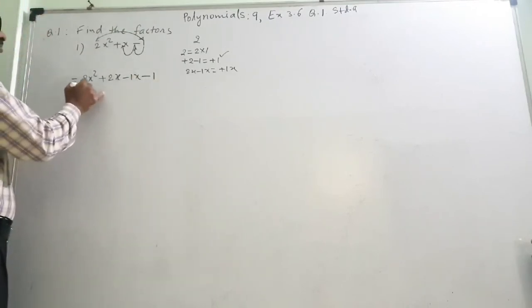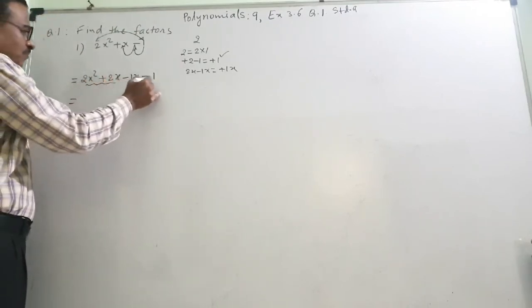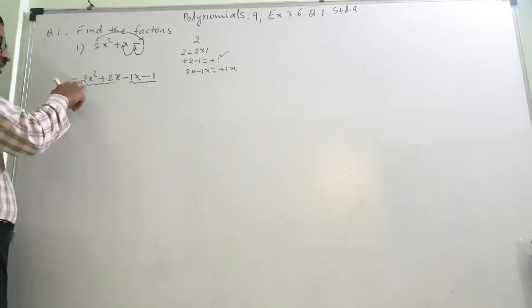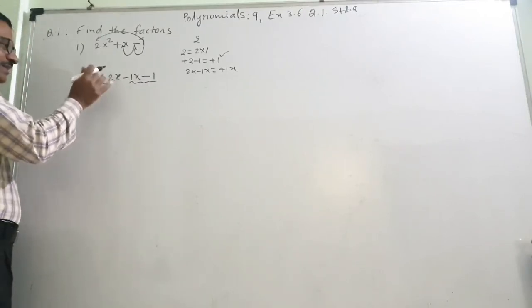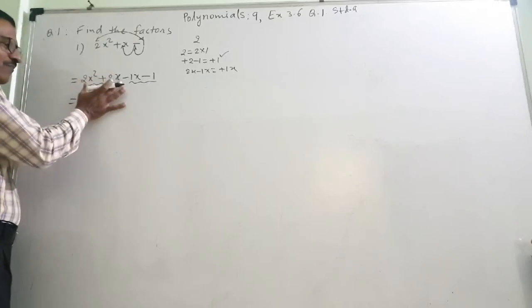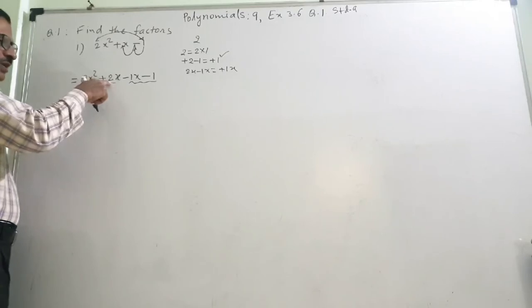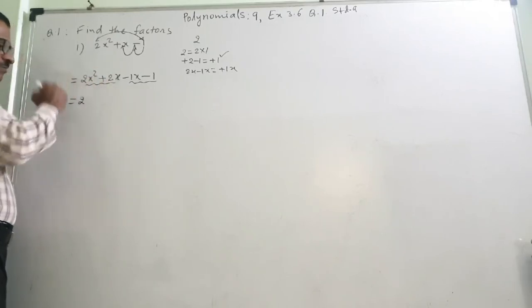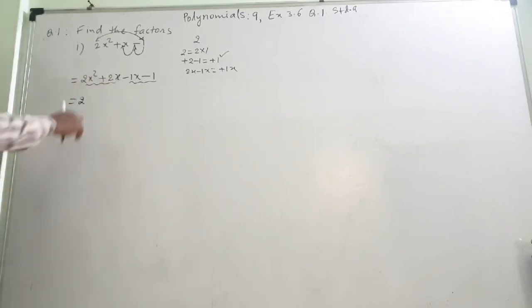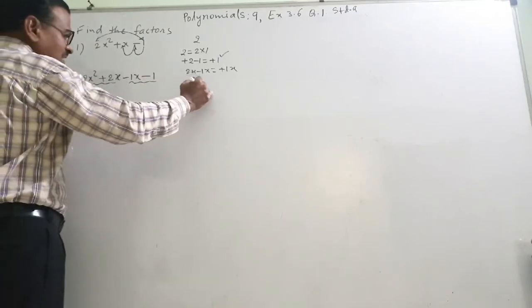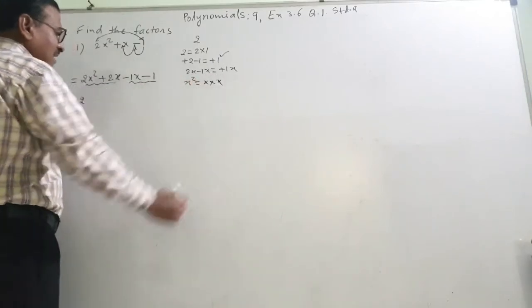That is equal to. Make the groups up to 2. So what is common in this? In these two, I have to find the common factor. Here 2 is there, here 2 is also there. So 2 is common. Here it is x into x. This x square is nothing but x into x.